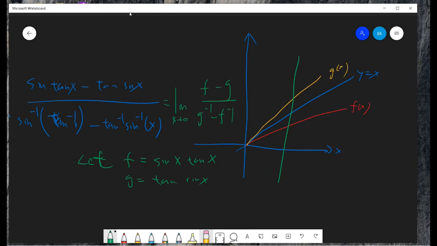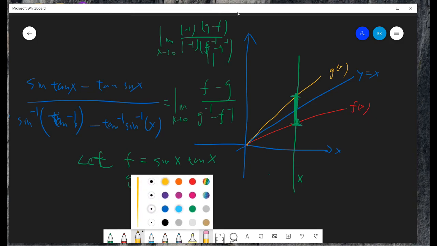So if I draw an x line here, I can take a minus sign, and it becomes like this. Okay, so you see this is g minus f. So this distance is g minus f, which is positive. And I can draw another distance. Basically this is x, right?